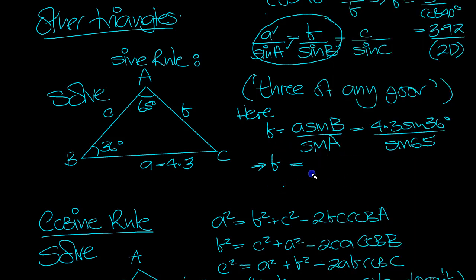And that's B. And that was to 2 decimal places. So that was B. Put that in the diagram now. And we can tick off that we've got that one.